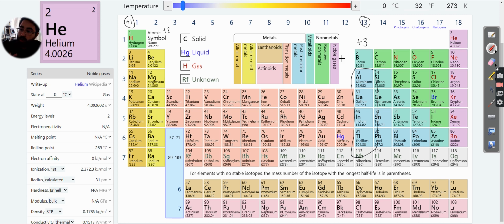So the metals like to lose electrons, so they become positive. The nonmetals like to gain electrons. This creates a relationship between the two, where the metal will like to give up electrons, and the nonmetal will like to take those electrons.